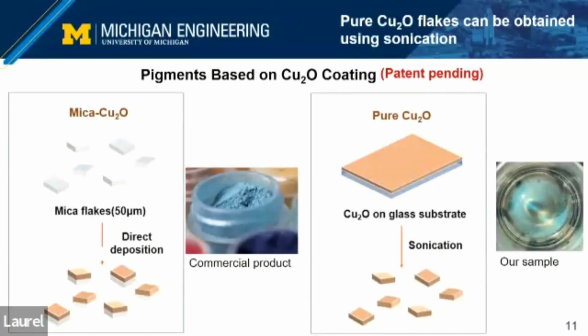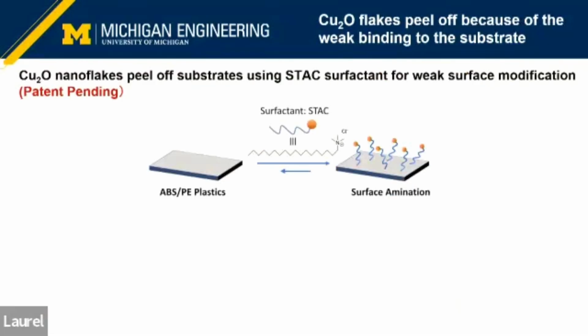And this is just one example. But it is very appealing for us to potentially develop more pigments. And I still want to first say, this is not a straightforward process, but the peeling off of the cuprous oxide off the substrate actually contains some surface processing methods.